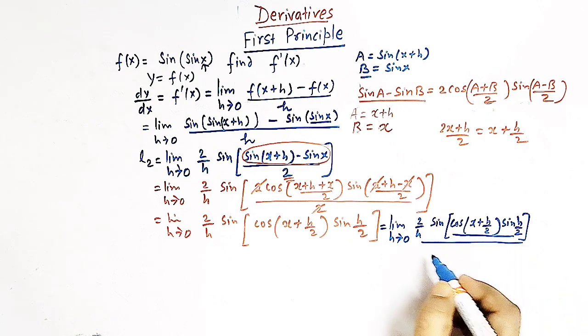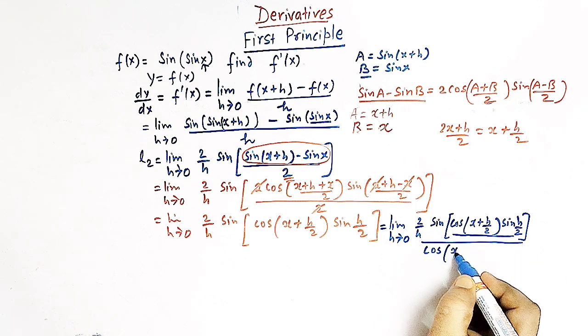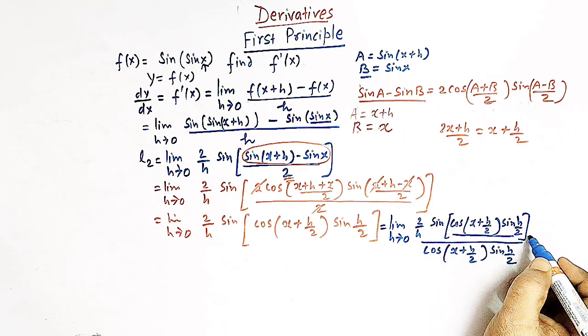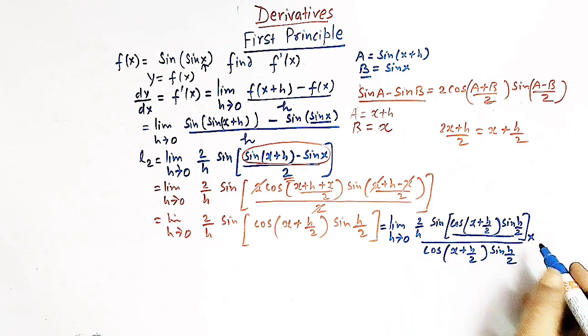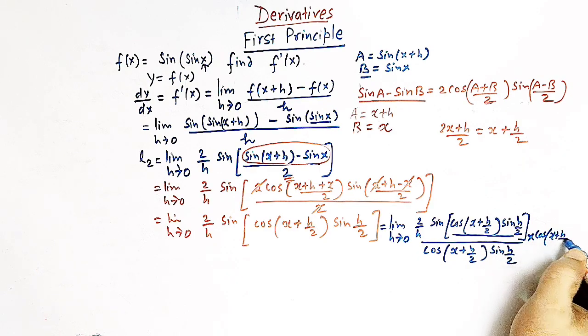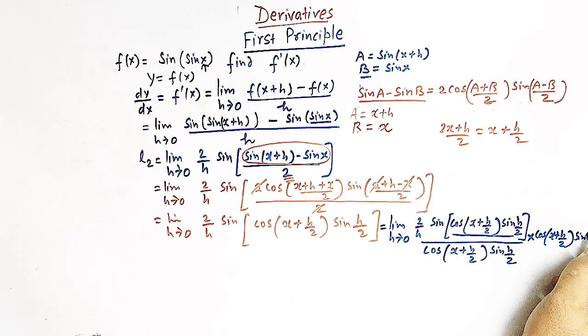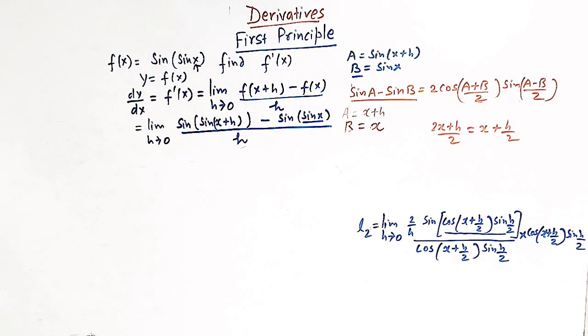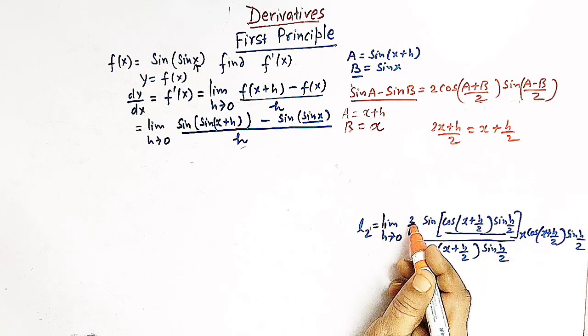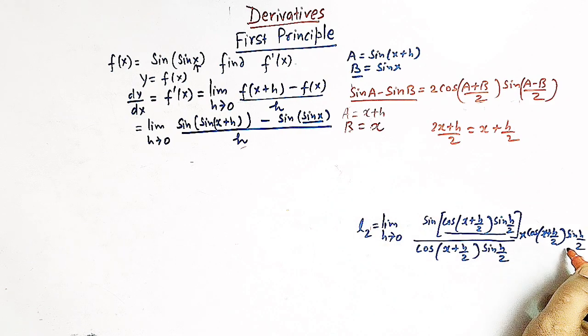So we can now write here cos x plus h over 2 sine h over 2, and to cancel out this term we'll multiply here by cos x plus h over 2 and sine h over 2. So in the next step, we'll take this term, that is 2 over h over this term, that is here we can write h over 2.